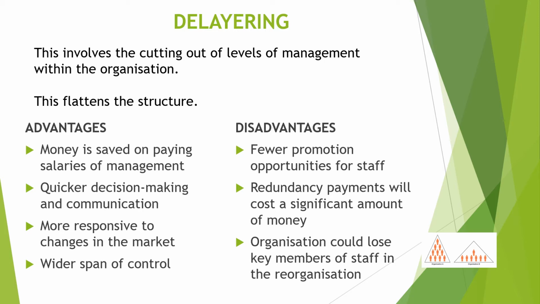They delayer to try and speed up communication and decision making in the organisation, and to cut costs from the point of view that you are not paying as many promoted staff. It's not a reason for cutting staff. Staff may be cut because there are maybe too many people in one level, but delayering is not for the sole purpose of cutting staff, which is really important if you're answering an exam question on this.